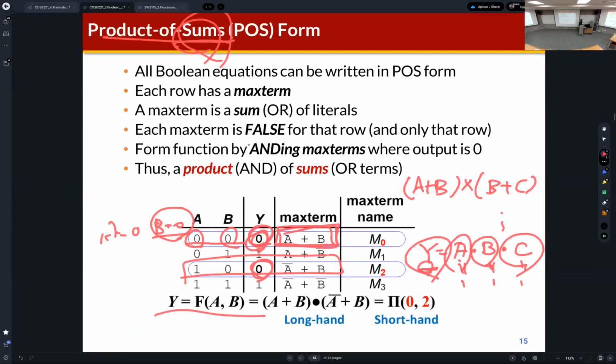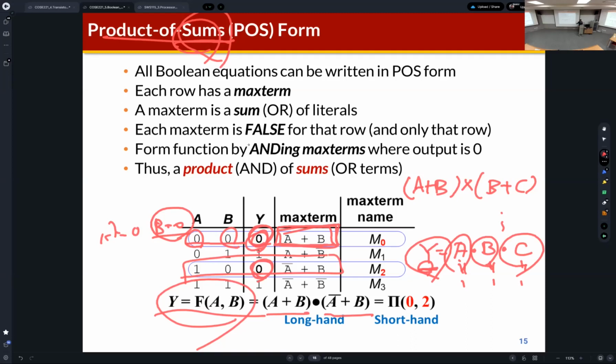But in order to generate the POS form from the truth table, we need to focus on the max term that can make y 0. And then by multiplying these max terms, we can generate output y based on this truth table.